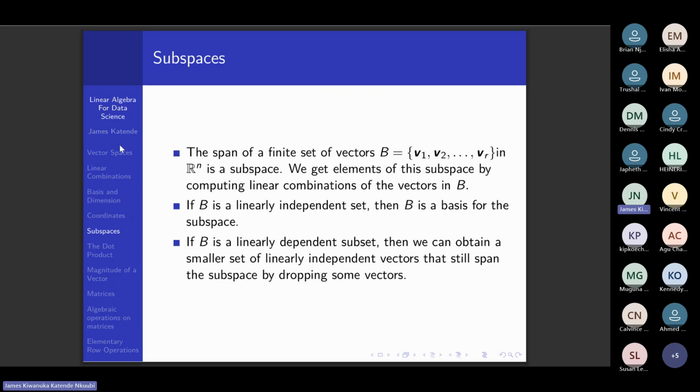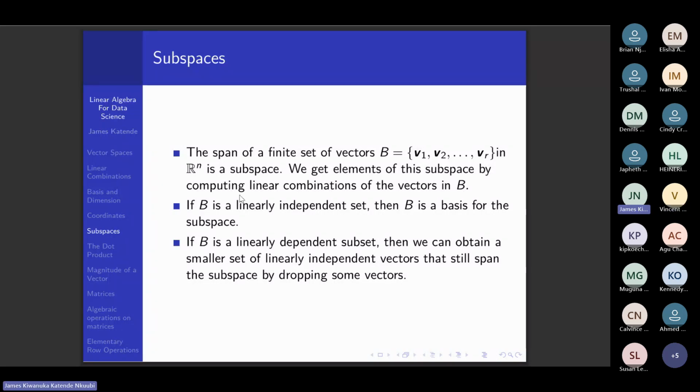So to take that point further about the span of a set of vectors, suppose we have exactly R vectors from a vector space.